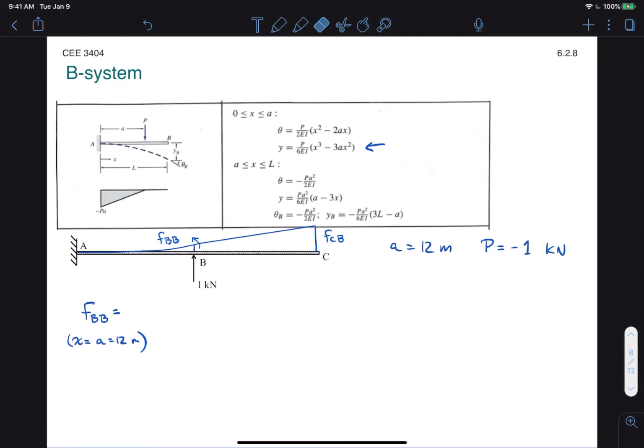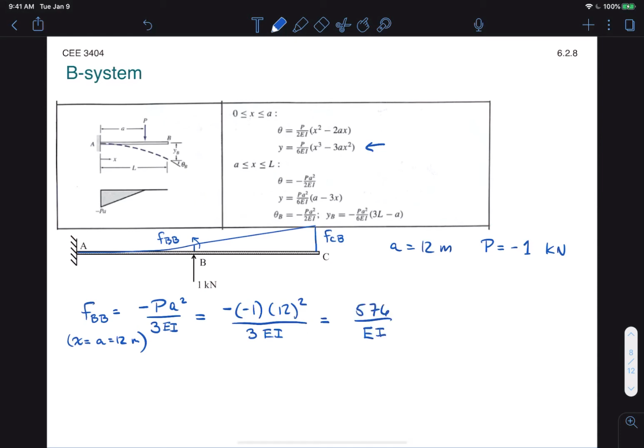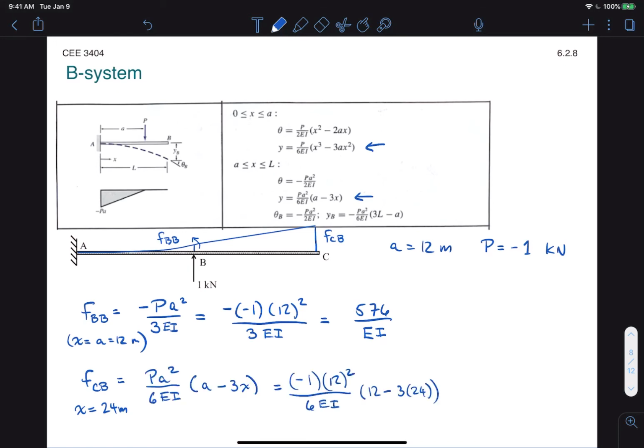And so that gives us negative PA squared over 3EI. Plugging in numbers, we get the following. And then simplifying, we get 576 over EI. For FCB, we can take this equation for x equal to 24, and that gives us the following, and plugging numbers in, we get the following, which simplifies to 1,440 over EI.